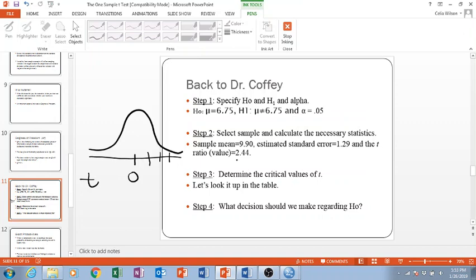So a T of 2.44 is going to be 1, 2, maybe right about here. T right about there. And so what the table in the back of the book is going to do is provide for you a critical value of T.